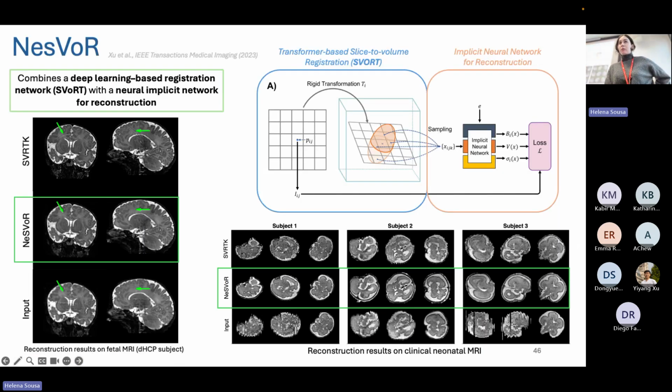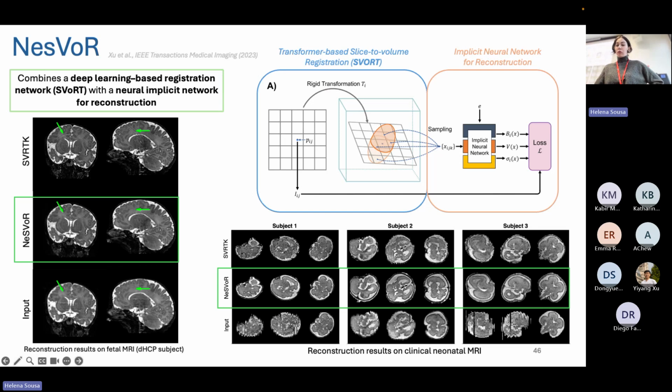Yeah, so now I'm going to talk about this deep learning-based framework. It's called NeSVoR, and it actually tackles both slice to volume registration, so this part is called SVoRT, and as well the reconstruction part, which is done by using these neural implicit networks.